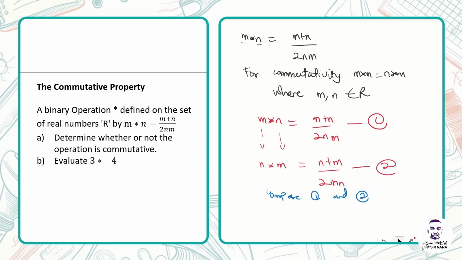We realize that for equation 1, the m is positive, and in equation 2, the m is positive. For equation 1, the n is positive, and in equation 2, the n is positive. The division signs are at the same place, and then we have 2nm and 2mn. We know that multiplication is usually closed and commutative when it comes to real numbers.